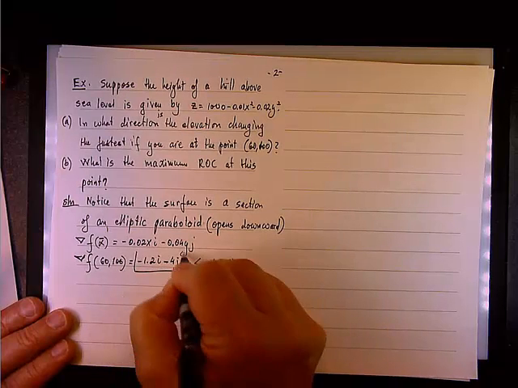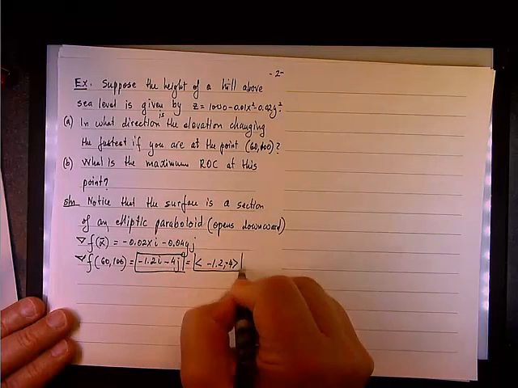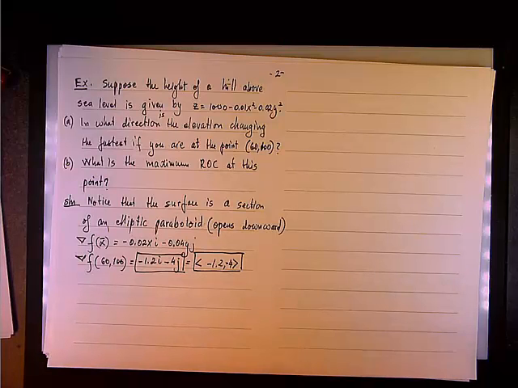Okay, so this is pretty much the direction, the fastest. We can write it like so: negative 1.2 comma negative 4, and that would be the answer.